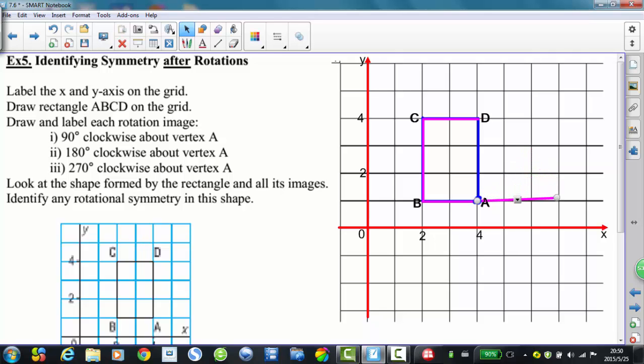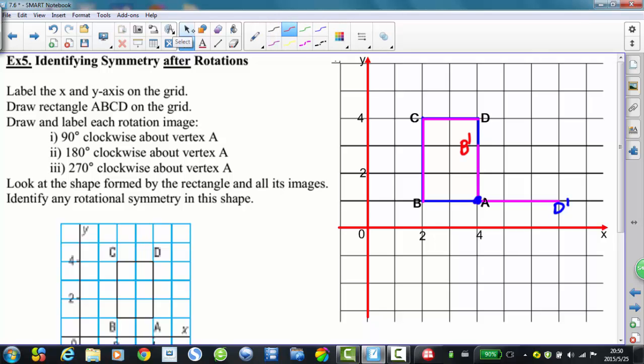So AD is rotated by 90 degrees clockwise. So this one will be D prime. For AB, this side, I rotate 90 degrees clockwise. So this one will be B prime.